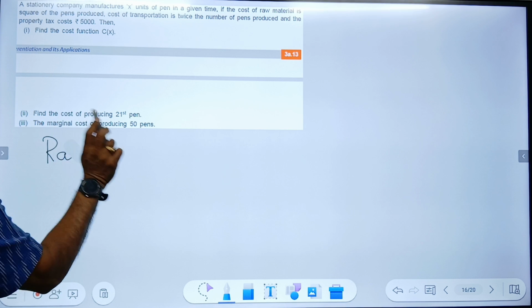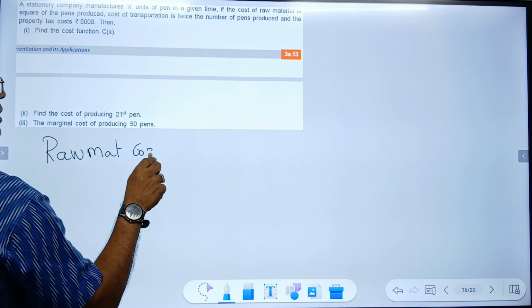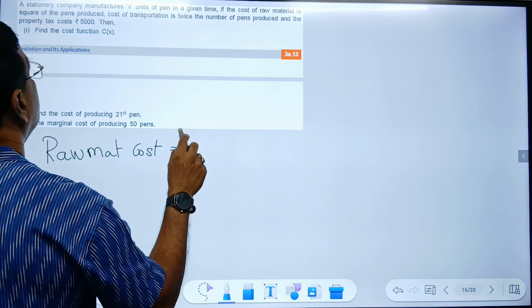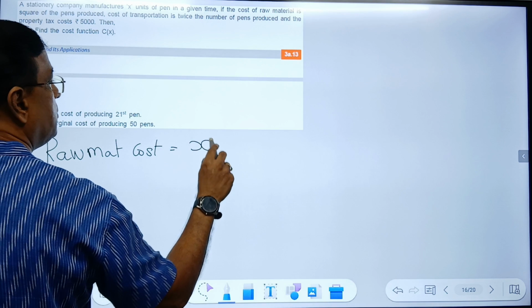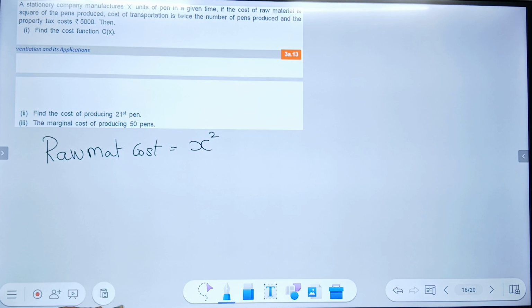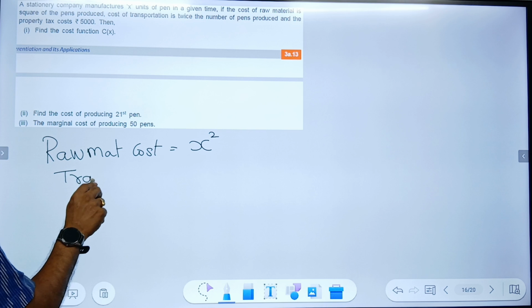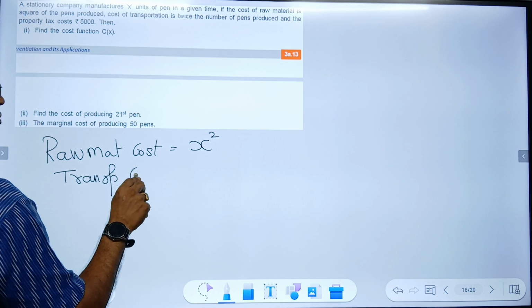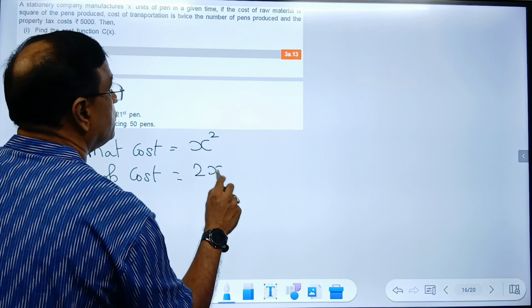Raw material cost is the square of the pens produced. So the number of pens produced is x, the square of it. And you have a transportation cost. What is the transportation cost? Transport cost is twice the number of pens produced, so it is 2x.